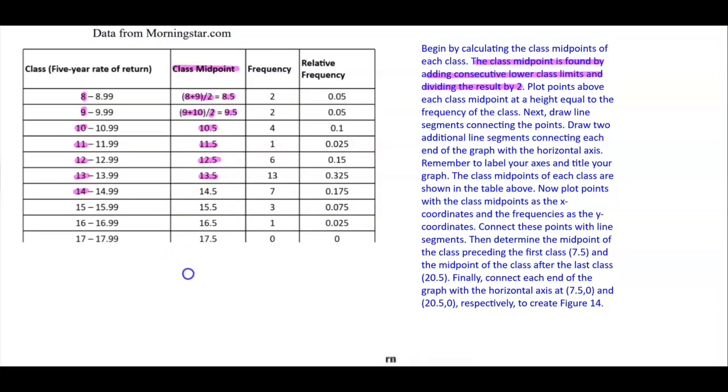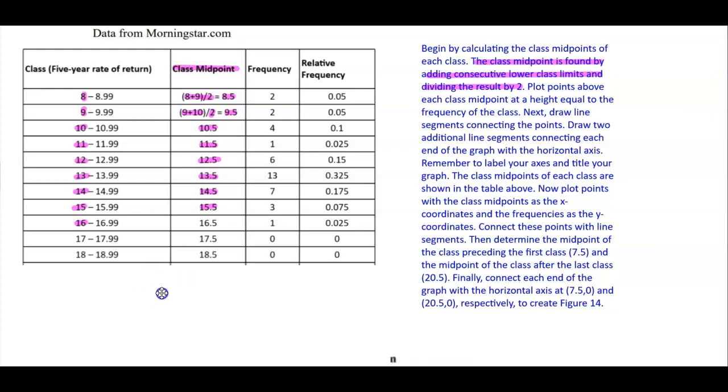Then 14 plus 15 divided by 2 gives us 14.5. 15 plus 16 divided by 2 gives us 15.5. Then 16 plus 17 divided by 2 gives us 16.5. 17 plus 18 divided by 2 gives us 17.5. And then 18 plus 19 divided by 2 gives us 18.5.